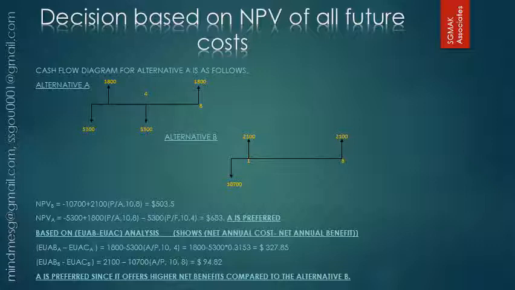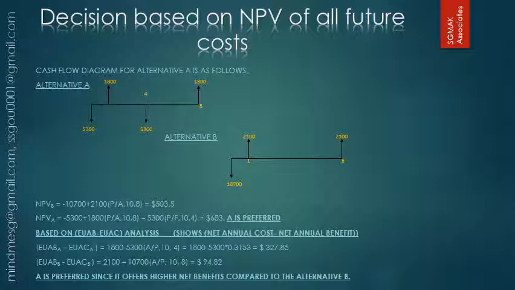So the net present value of B is $503.5, and for A, the cash flow diagram converts into a net present value of $683. Since A has a higher net present value, A is preferred.